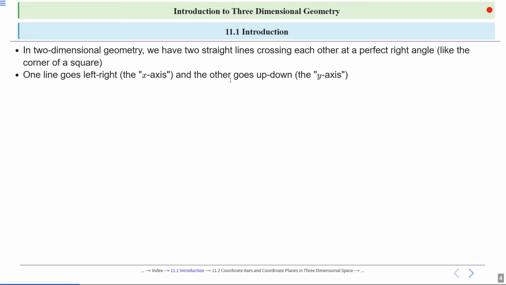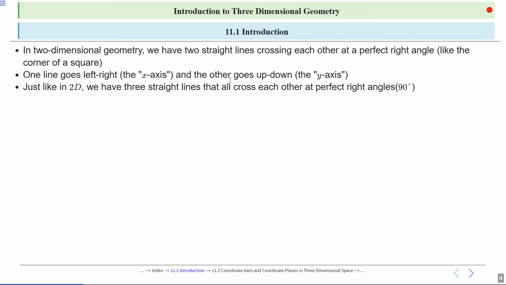Now let's examine these two lines more closely. One of them runs left to right, which we call the x-axis, and the other goes up and down. That axis is called the y-axis. These axes help us describe any point in a flat plane.